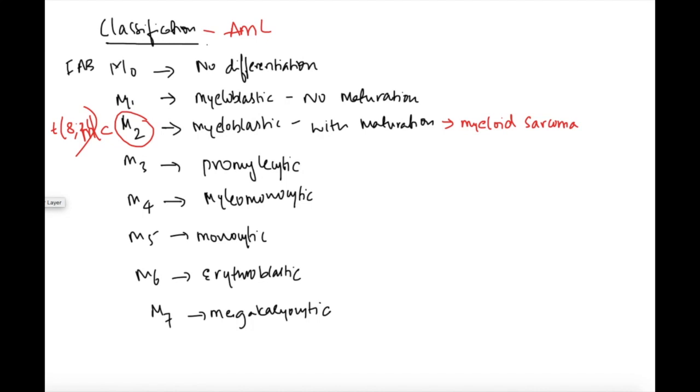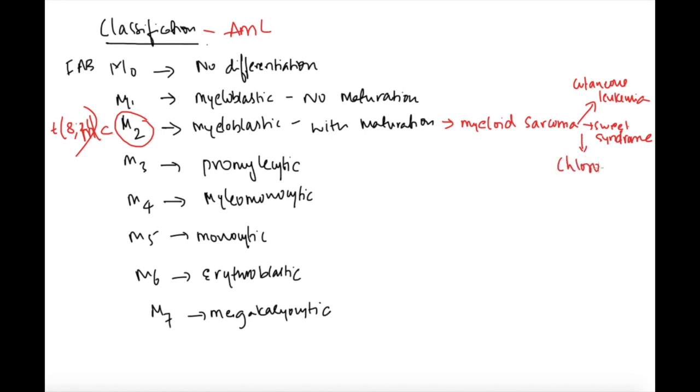So myeloid sarcoma includes chloromas and sweet syndrome. Basically, it means the skin manifestation, cutaneous leukemia, as in skin involvement. Sweet syndrome is a similar thing, again skin involvement with erythematous skin lesions.